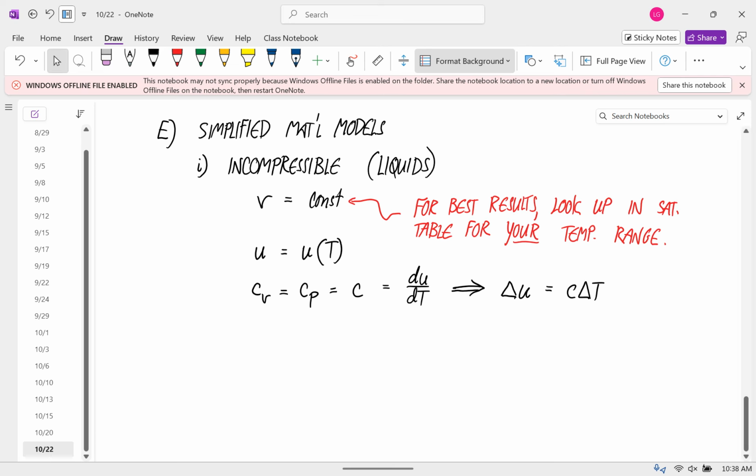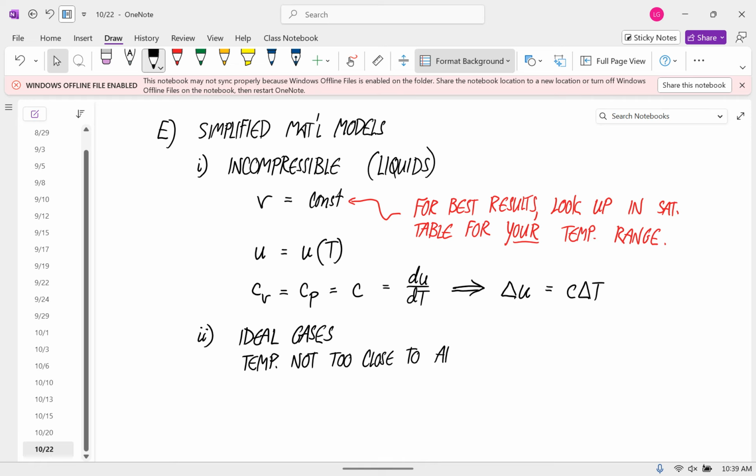And then the second simplified material model is ideal gases. We're going to make this assumption when the temperature is not too close to absolute zero and the pressure is not too high.